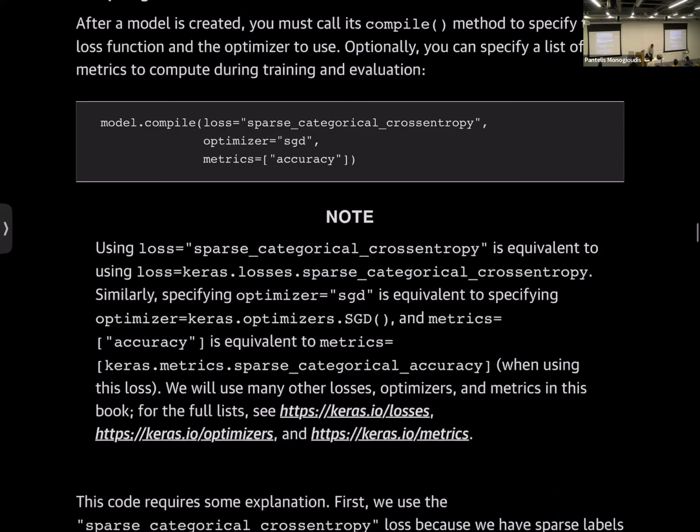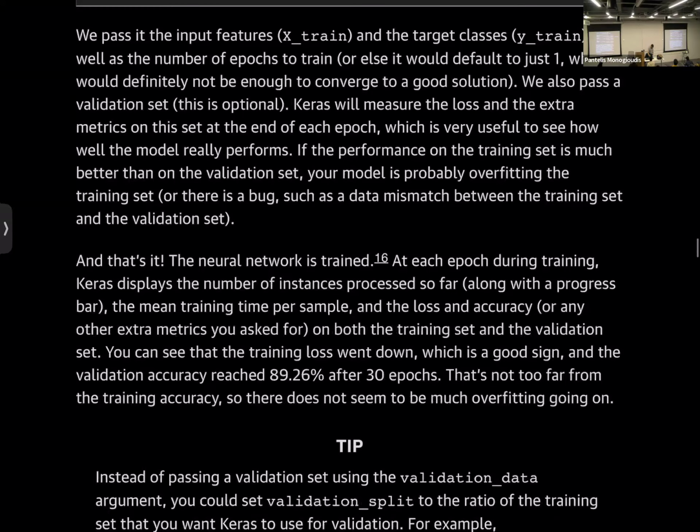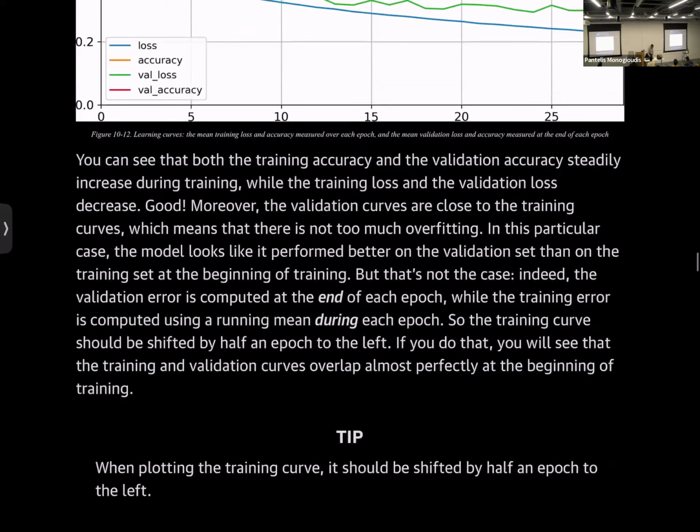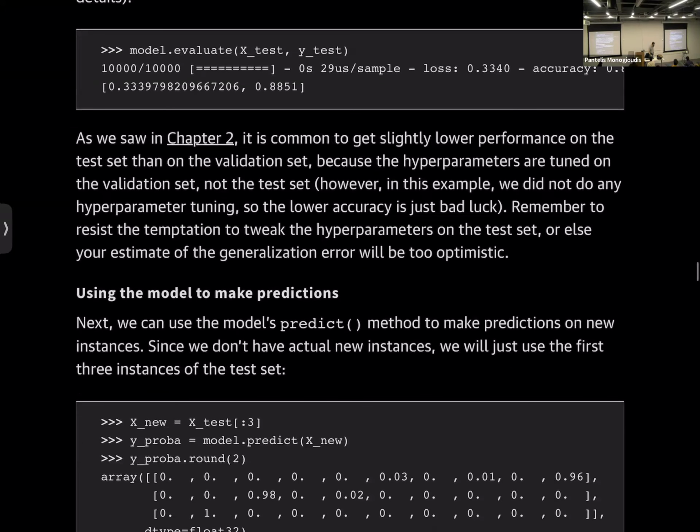And finally, using the cross entropy and some kind of training, and so on, we arrive at the desired point where we have a model of 260,000 parameters, and we are able to evaluate it over our test data set that we have never seen before.